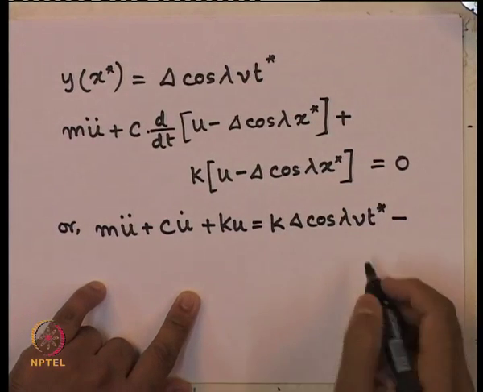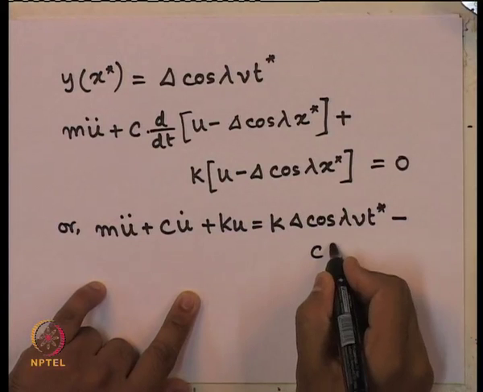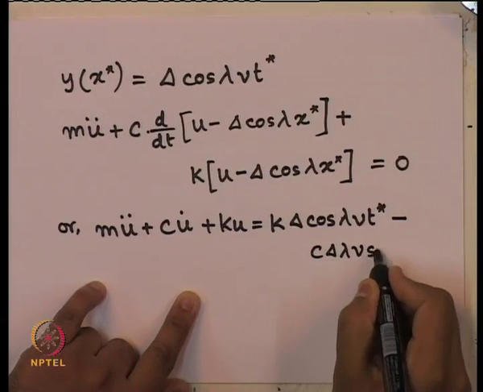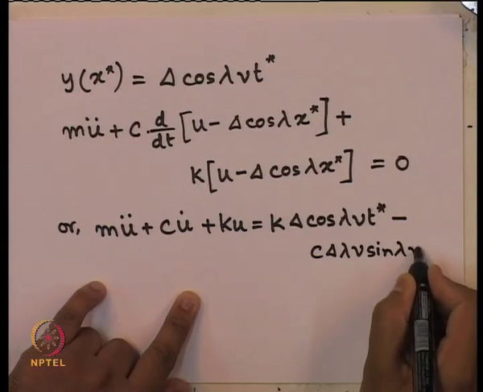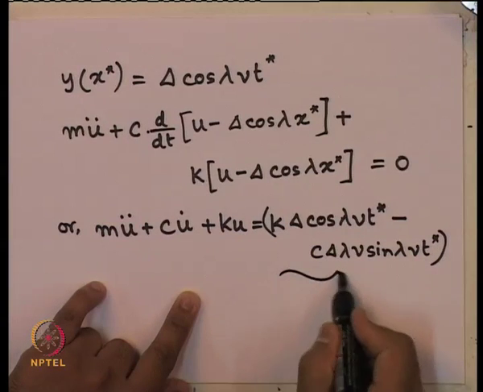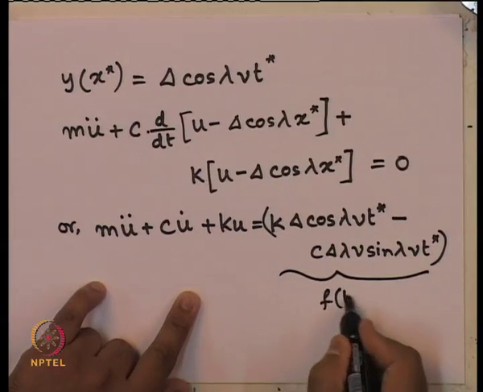That is why minus c delta lambda v sin of lambda v t star. So, this is nothing but our f of t.